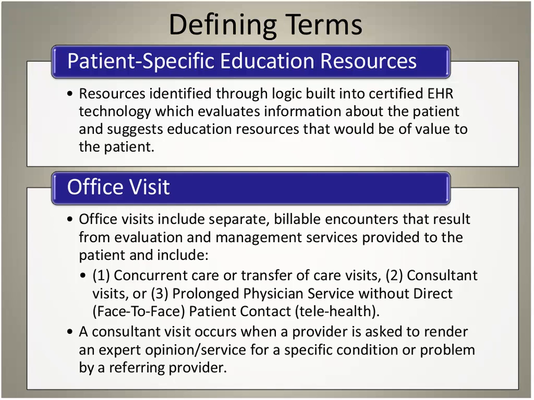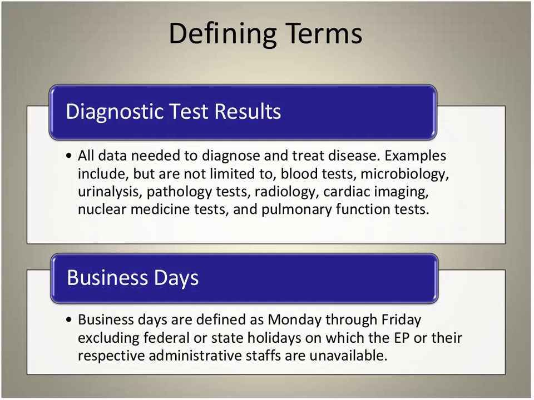Telehealth, we don't see too much of that, but we may see more of that going forward. And the consultant visit occurs when the provider is asked to render an expert opinion or service for a specific condition or problem by a referring provider.